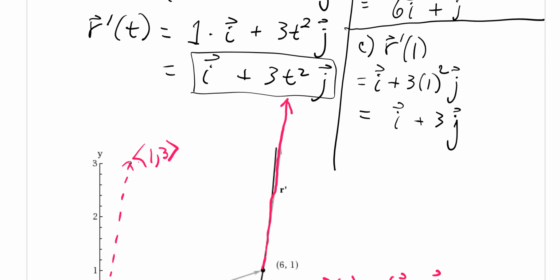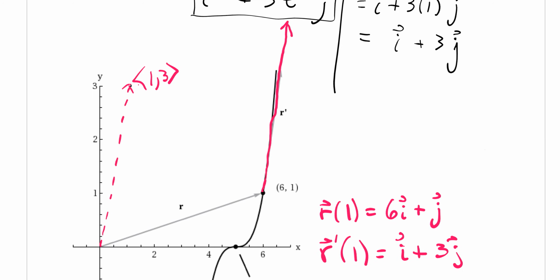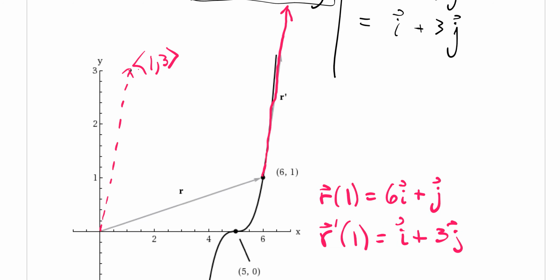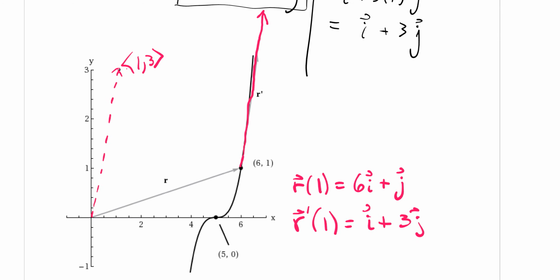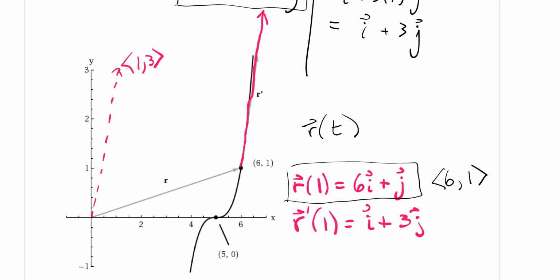Now here's a picture of this whole situation, of what we just found. So we have this function r of t, vector-valued function, and we evaluated r of 1, and we got 6i plus j, in component form 6 comma 1.